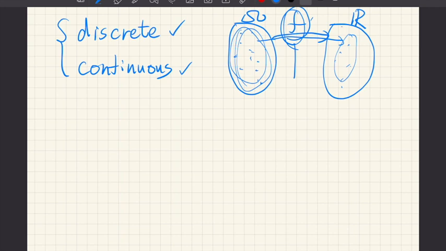But if it can take, for example, any real numbers, then this random variable is continuous. Well, it doesn't have to be all possible real numbers, but an uncountable number of real numbers. Then this is continuous.